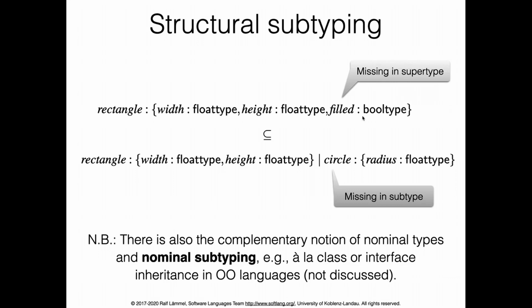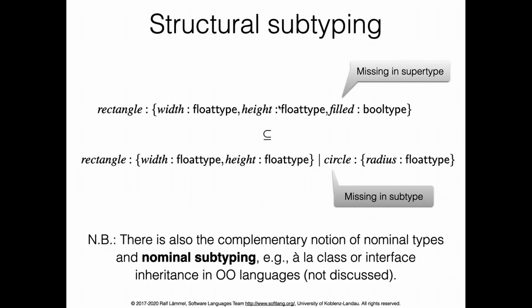The intuition is very simple. According to the subtype, circle is no longer an option. If the function is able to deal with a circle, but there's not going to be any circle, that's not a problem. So yes, the function could also take a value of this subtype.